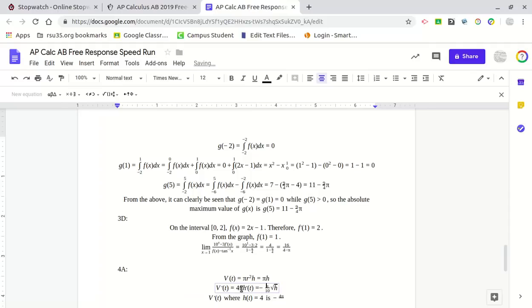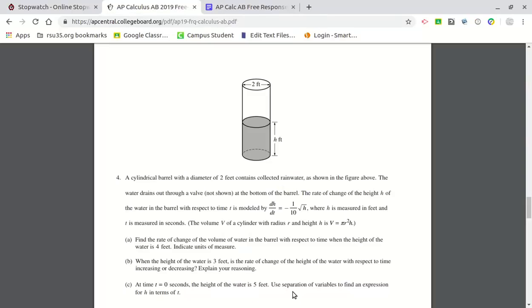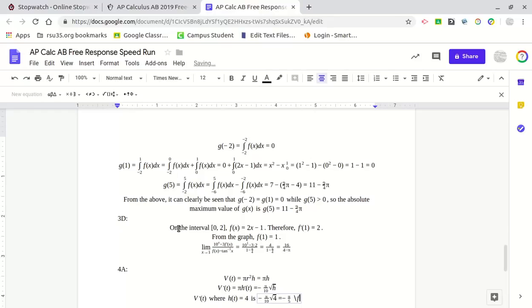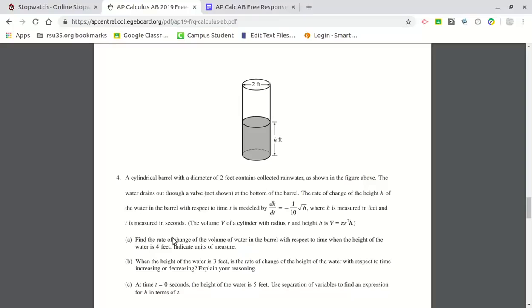That was close. The diameter is 2, the radius is 1. Negative pi over 10 square root of 4 is negative pi over 5 feet cubed per second. Wait, yes, I think I did that right. I just want to read this.